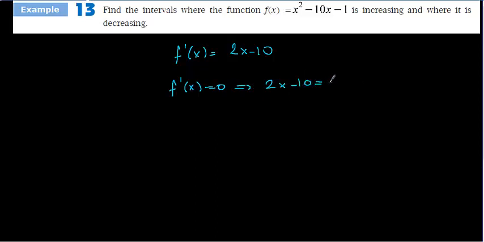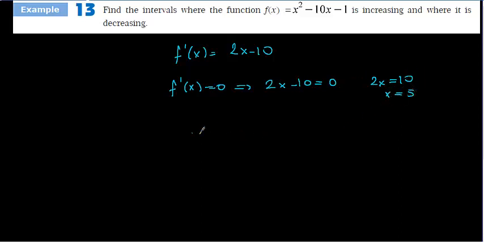If I solve another question, f'(x) is going to be equal to 2x minus 10. Then f'(x) equal to 0 gives us the critical point. 2x minus 10 equal to 0, 2x is equal to 10, x is equal to 5.